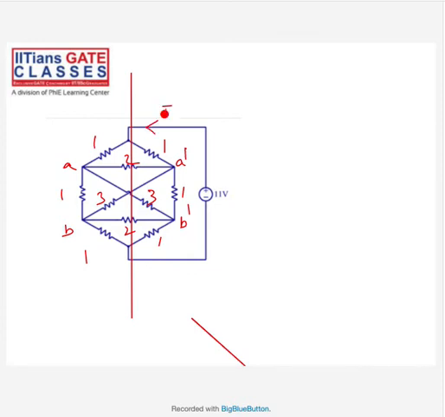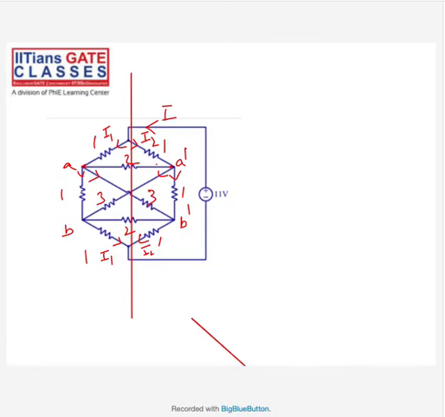So what happens if a current I enters here? It divides into I1 and I2. Here it will again be I1 and I2. Here it divides into these two, but it doesn't divide between these two because these potentials are the same. No current flows here.